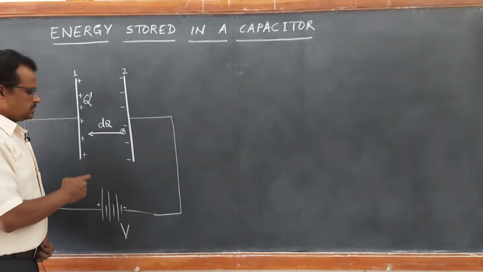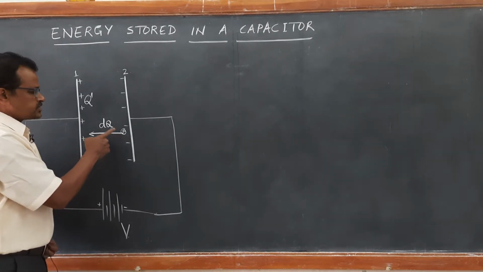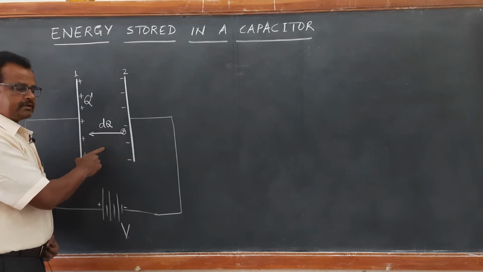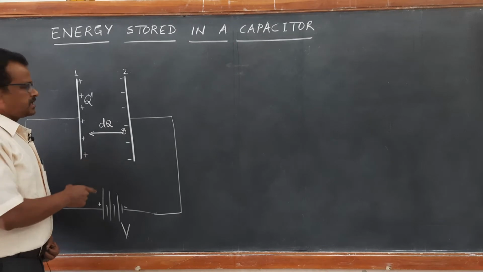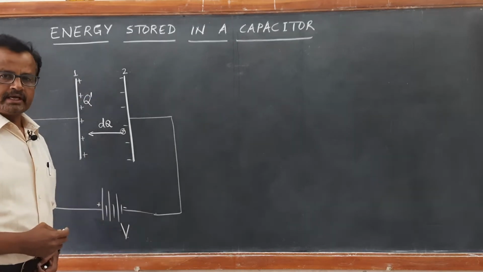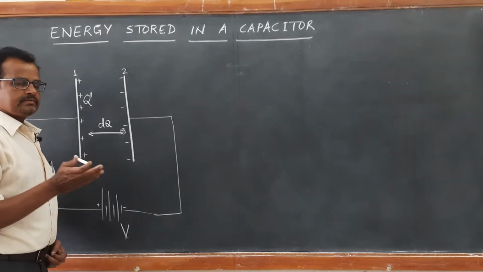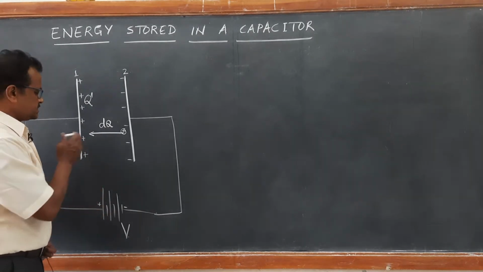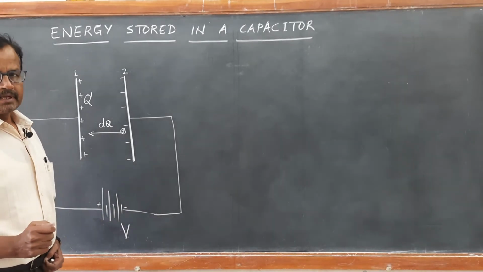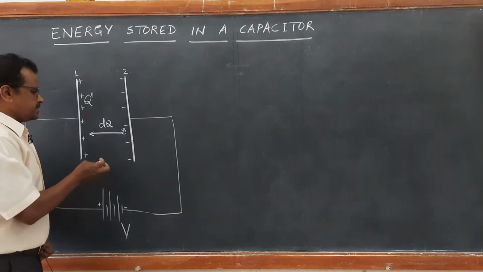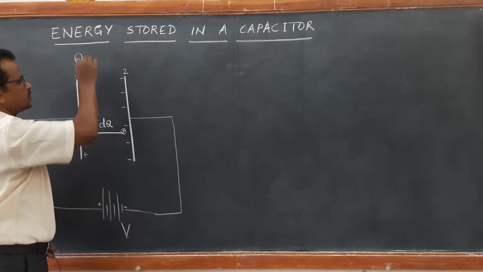So some work has to be done to add dq onto the existing charge, and this work is stored in the form of a small amount of potential energy.